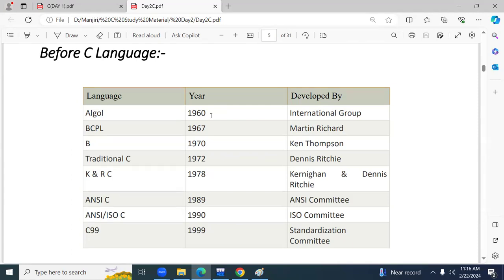And K and R C, an extended version of traditional C, by Kernighan and Dennis Ritchie. They added some different inventions along with the traditional C, in 1978, inside K and R C.